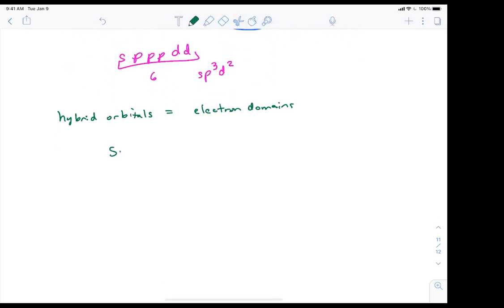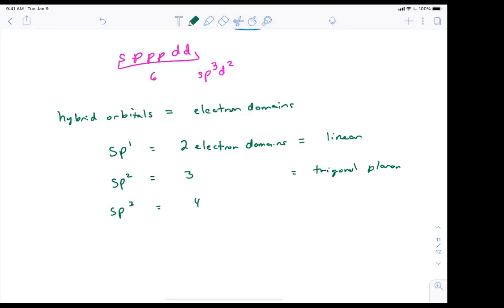If you have sp1, that means you have 2 electron domains, which means it is linear. sp2 is 3 domains, so it's trigonal planar. sp3 is 4, it's tetrahedral. sp3d1 is 5, that's trigonal bipyramidal.